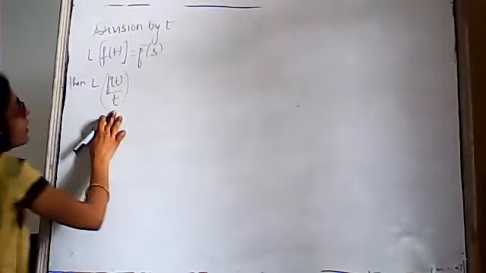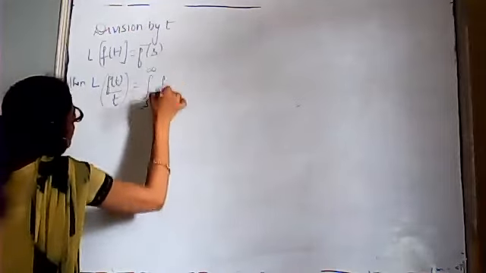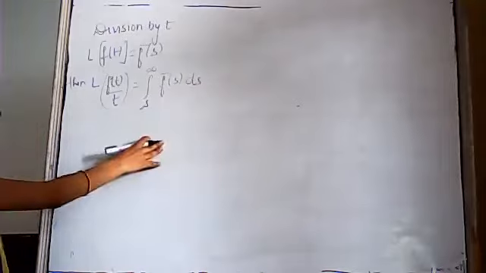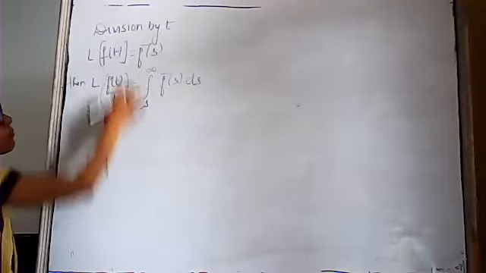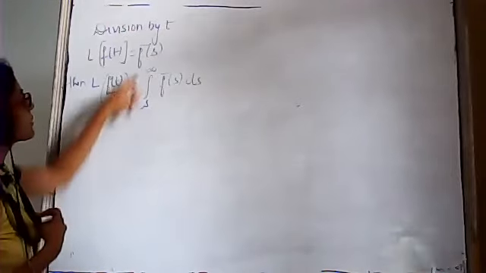If we have t in the denominator, in that case whatever the result is, you have to integrate this result under the limits s to infinity. Okay, whatever result you get after taking the Laplace, you have to integrate that result with the limits s to infinity.